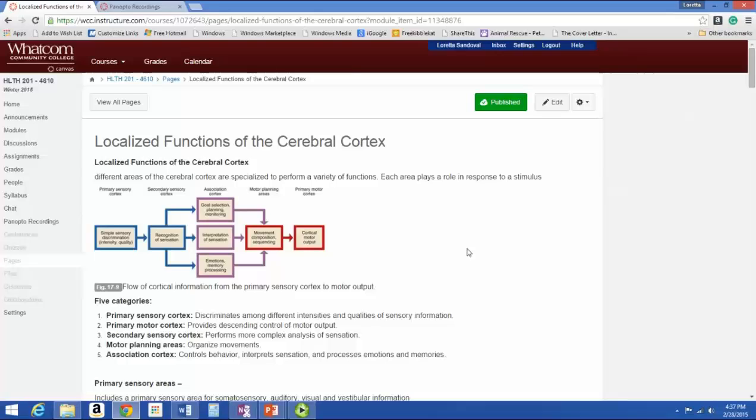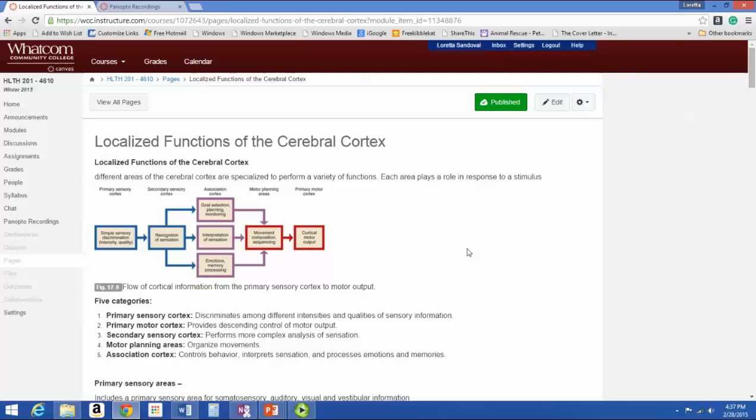Now we're going to break it down into the individual areas and what they do, and then disorders of those individual areas and what happens. So, the 5 categories that I just went through: primary sensory cortex discriminates among different intensities and quality of sensory information. Primary motor cortex provides descending control of motor output.